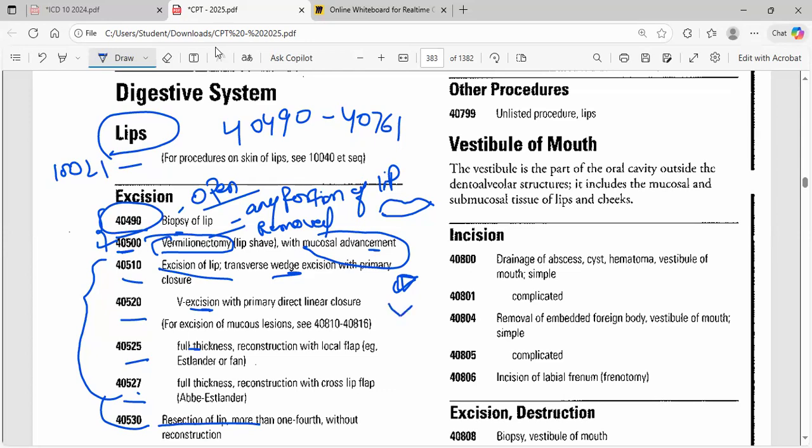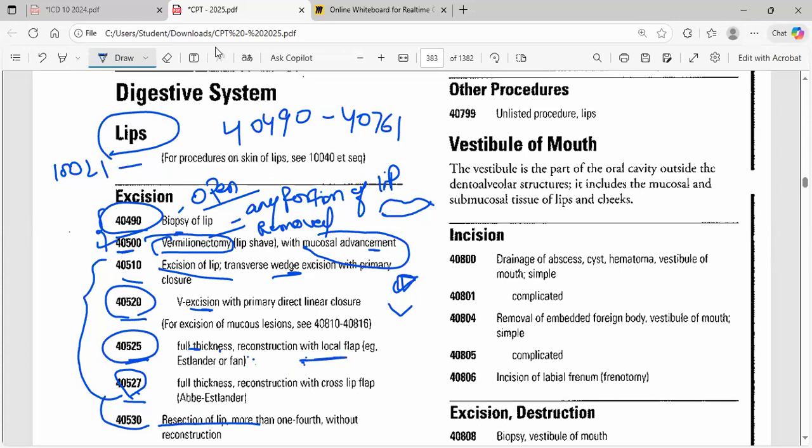If it's a V shape excision, we are going to consider 40520. When the full thickness has been removed, then we are going to consider 40525. These codes are used with the flaps also.